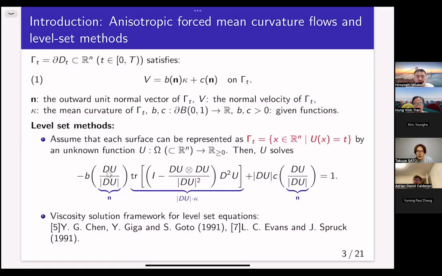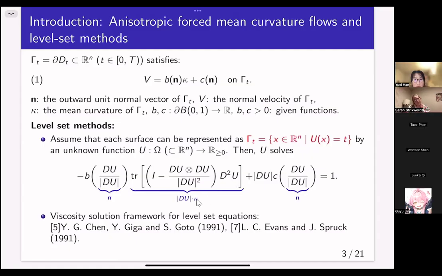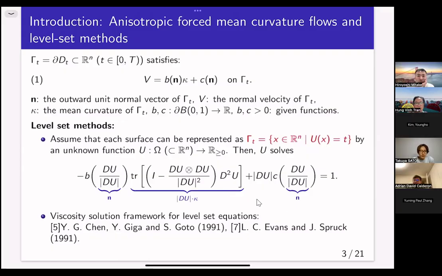Here, this Du over |Du| formally equals n, and this term equals kappa times |Du|, and so on. At first, the viscosity solution framework for such level set equations was studied by Chen, Giga, and Goto, and Evans and Spruck.